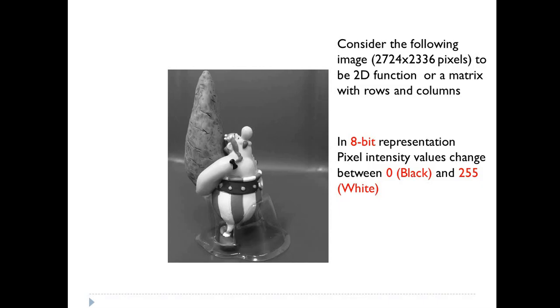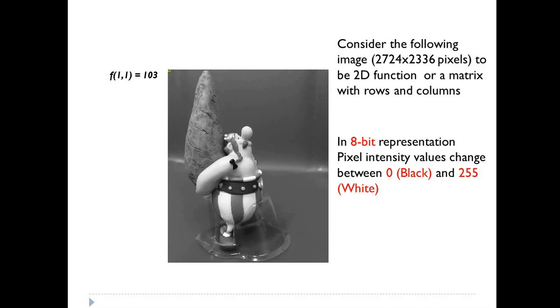If we consider 8 bits, the levels that can be represented is 2 power 8 is equal to 256. So, 256 levels you can represent. If we consider the lower value to be 0, then the highest value is 255. Now, 0 we can assign as black and 255 we can assign as white.